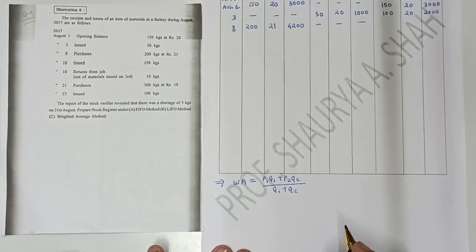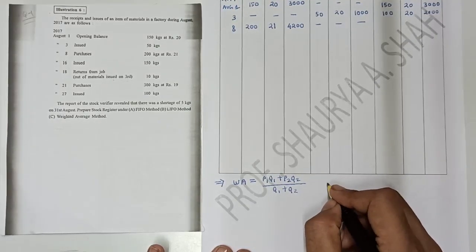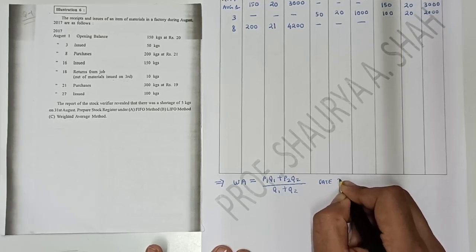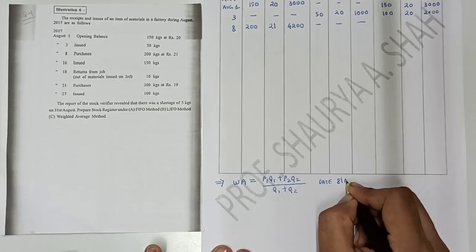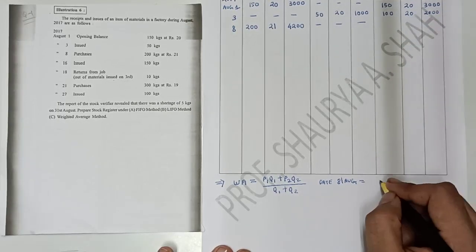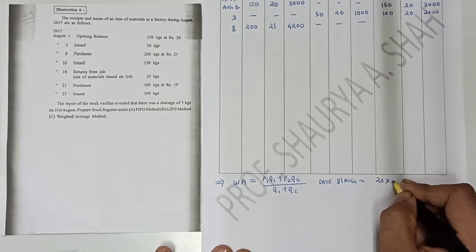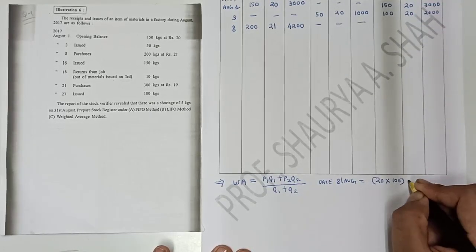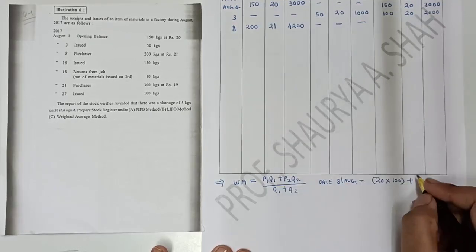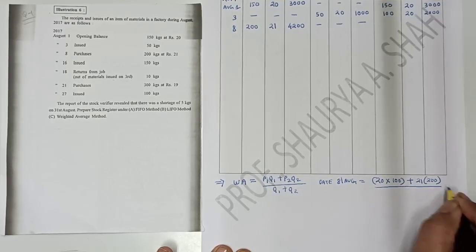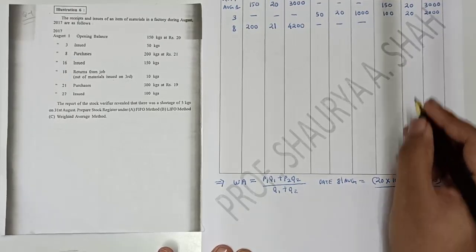So for the date of 8th August, we will calculate this part. Date is my 8 August. P1 is my 20 into Q1 100 plus P2 21, Q2 200 divided by, students, what I'll divide, Q1 plus Q2.